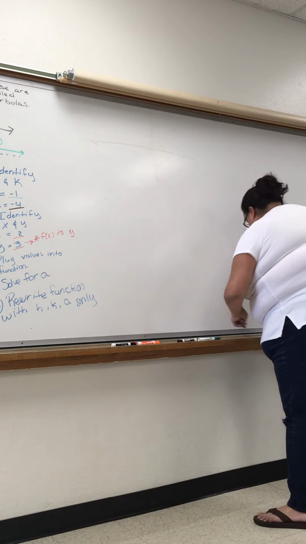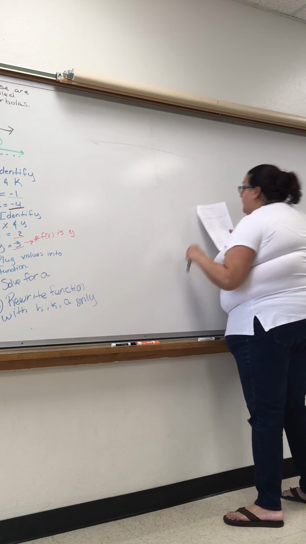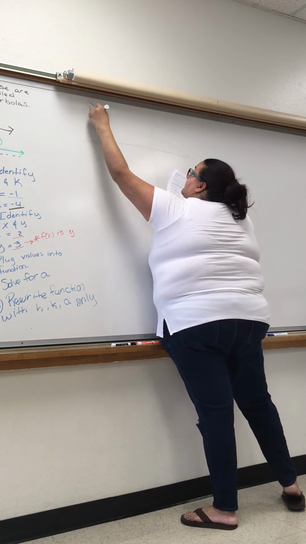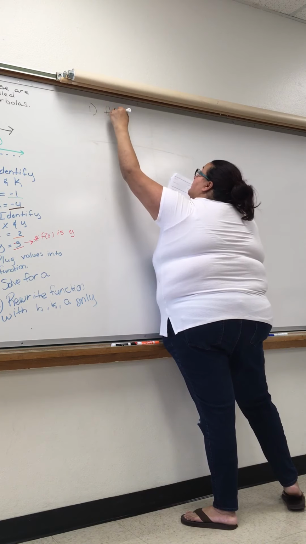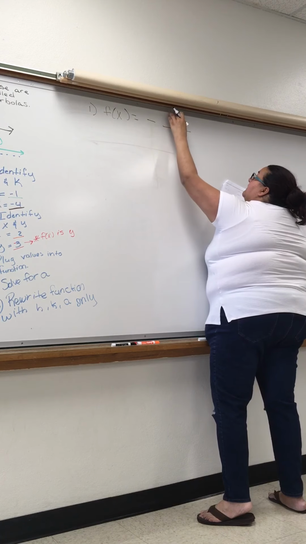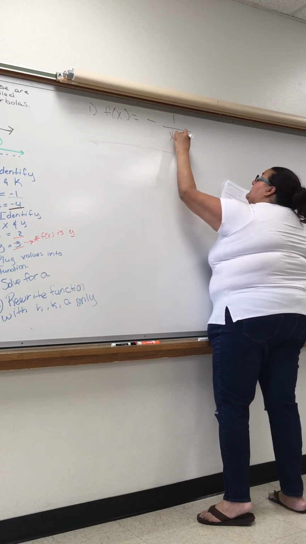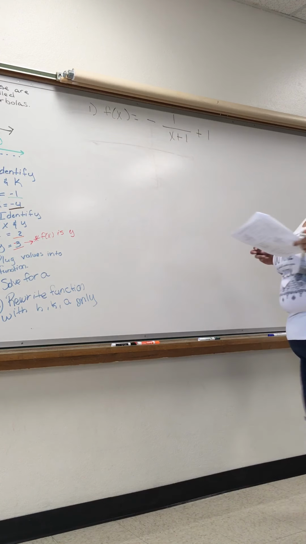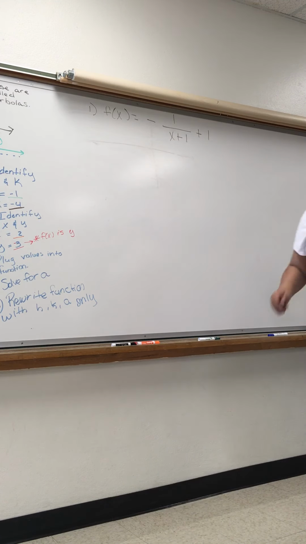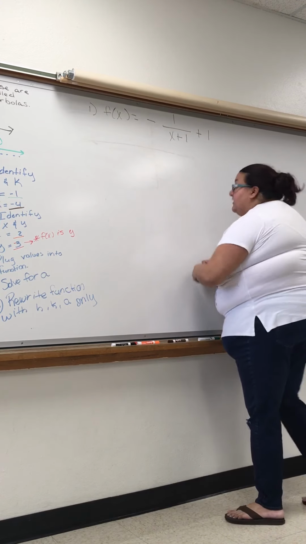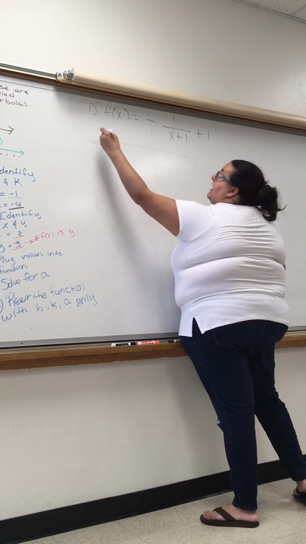All right, so let's look at problem number 1. We have f of x is equal to negative 1 divided by x plus 1, plus 1. So what do we need from here? First of all, step 1, identify h and k.